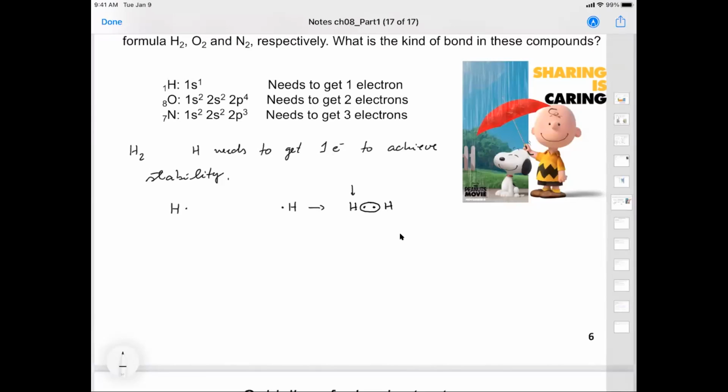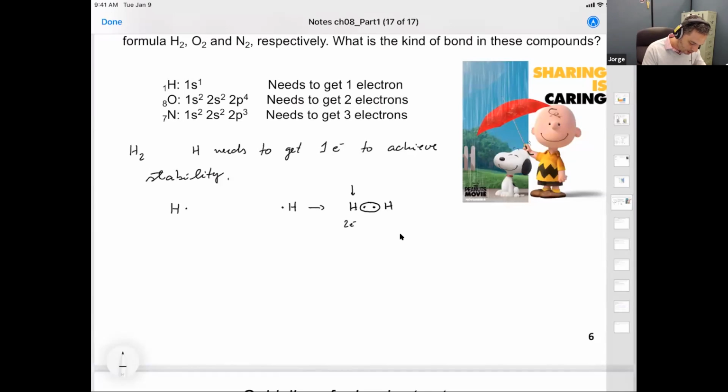So remember that the electrons in the bond belong to both. This hydrogen now has 2 electrons, and this one has 2 electrons as well, because the pair of electrons is being shared. And that's how the covalent bond works. That's how sharing electrons will yield stability.